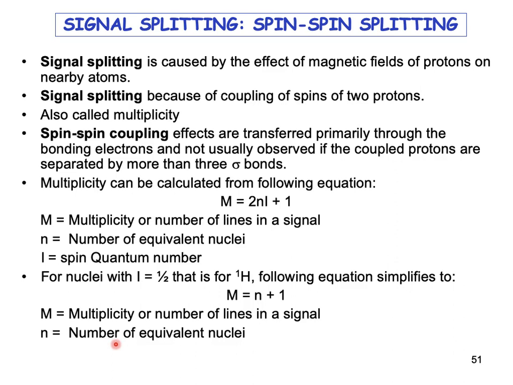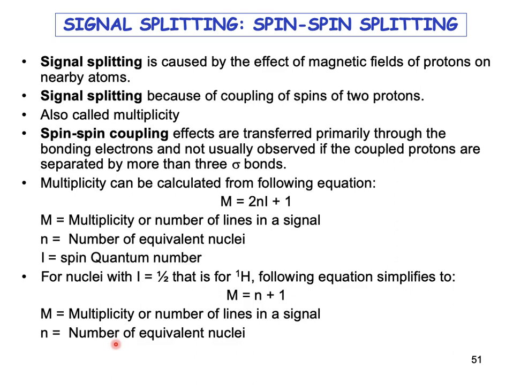Chemical shift tells us how many different types of protons, or how many different signals there are, and why these signals come at different ppm or delta values. The second one, integration, tells us how many protons have the same chemical environment.